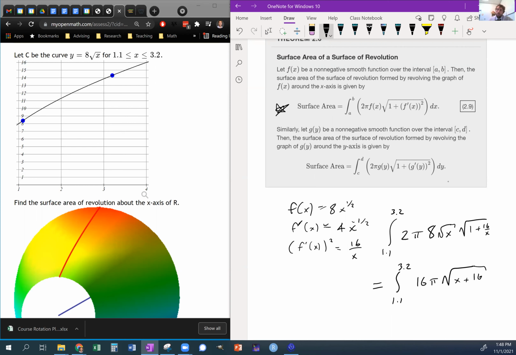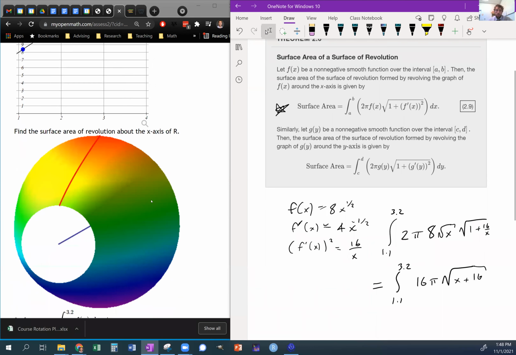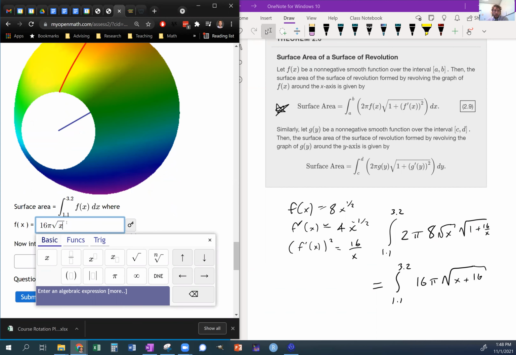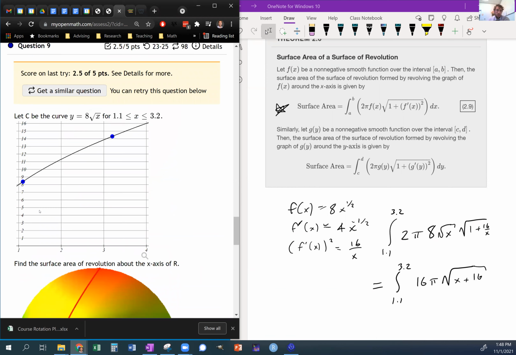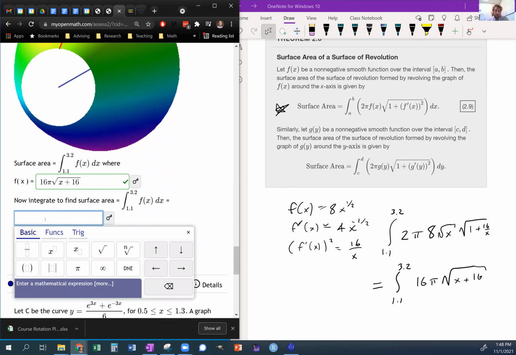Let's check that: 16 pi square root x plus 16. That's correct.